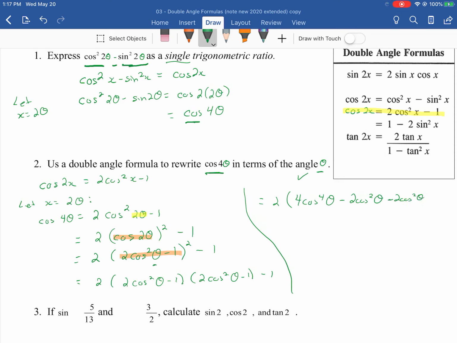And then, let's see, I get minus 2 cos squared theta, minus 2 cos squared theta, and then a plus 1 in the brackets, still a minus 1 outside the brackets. 8 cosine to the power of 4 theta, minus 4 cosine power 2 theta, minus another 4 cosine power 2 theta, a plus 2 and a minus 1. Collect up like terms.